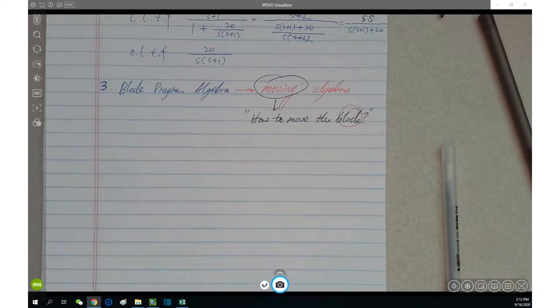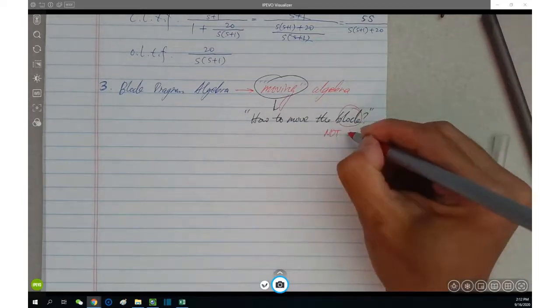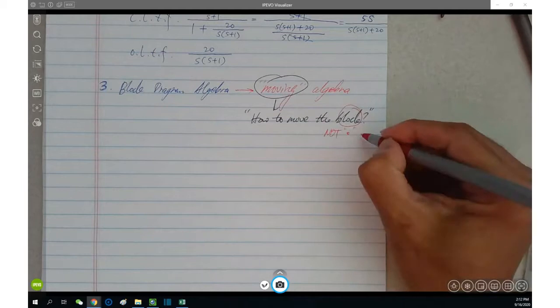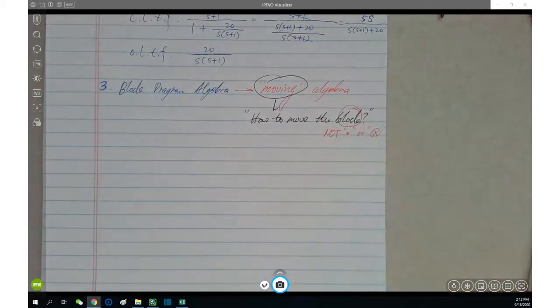We are moving block. We are not moving summing junction or pick-off point. Be very careful which one you're moving. You're moving block. And of course, why we need to move the block, anyone knows? Why we need to learn how to move the block, given the system?